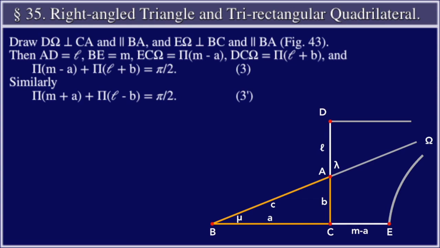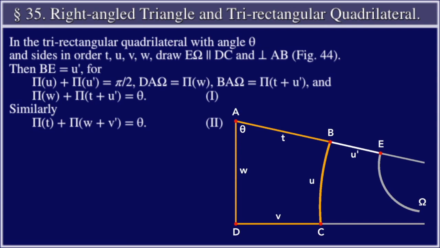Then AD is equal to L, BE is equal to M, ECω is equal to the parallel angle of M minus A, DCω is equal to the parallel angle of L plus B, and the parallel angle of M minus A plus the parallel angle of L plus B is equal to π over 2, equation 3. Similarly, the parallel angle of M plus A plus the parallel angle of L minus B is equal to π over 2, equation 3 prime.